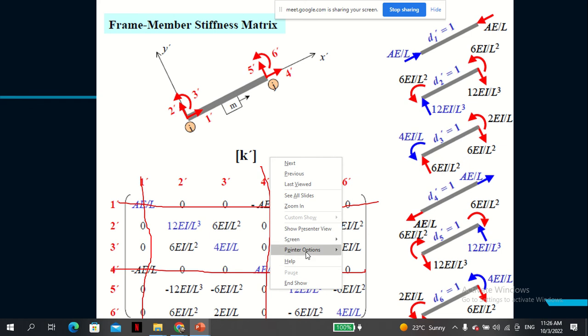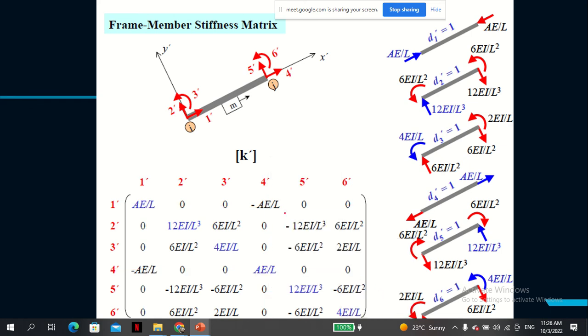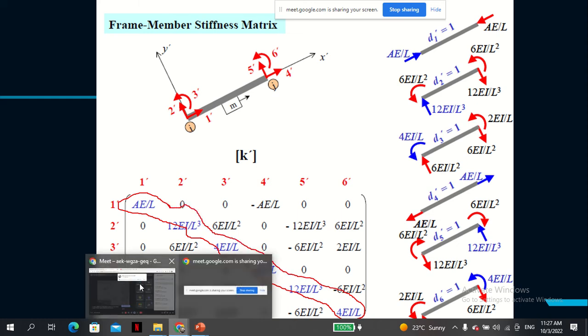The second thing to note is that the matrix is actually symmetrical about the diagonal. So in fact, let me tell you what you need, so that you don't get trouble.